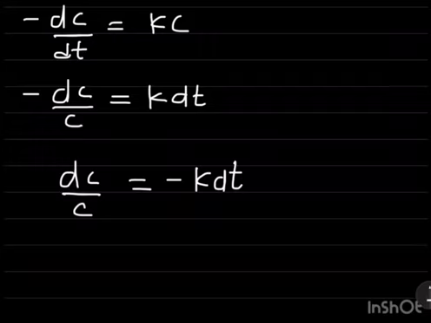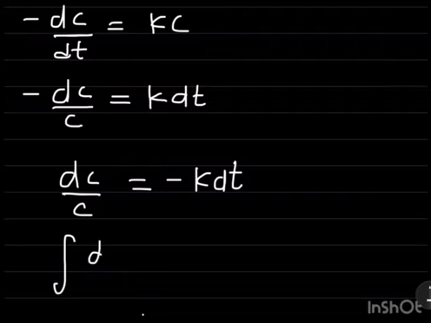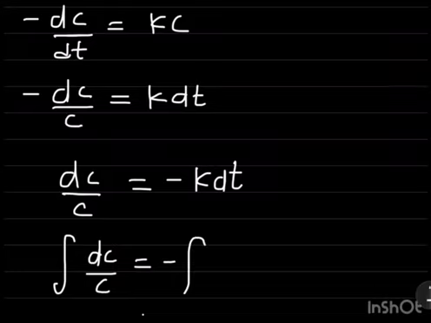Okay, now let's get rid of the differential signs by integrating both sides. So therefore we have the integral of dC over C equals minus the integral of k dt.